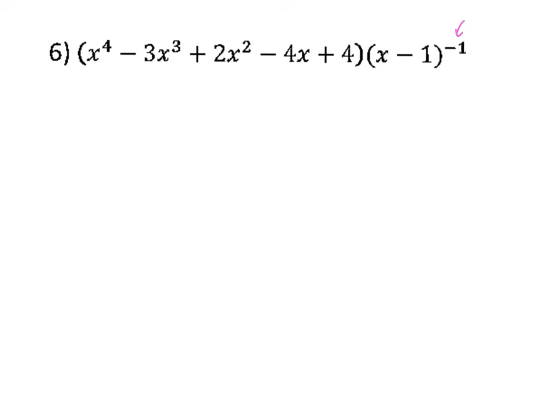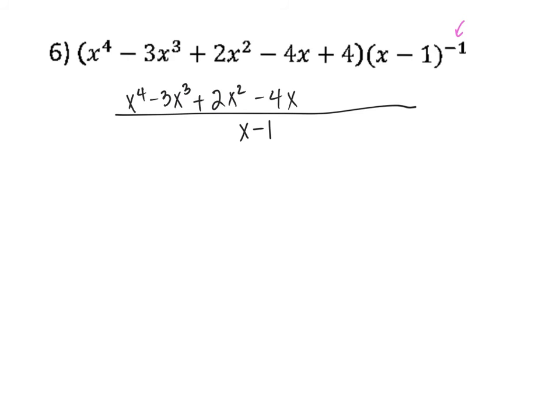Anytime we have a negative exponent, we have to make a fraction, so we put the thing that has a negative exponent in the denominator. Now, this piece is not a negative exponent, so I'm going to put this on the top. So that's x to the 4th, x to the 3rd, x squared minus 4x plus 4. So what I'm going to be doing next is dividing x minus 1 into here.